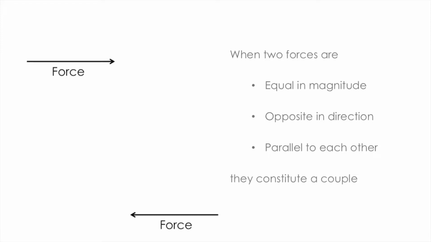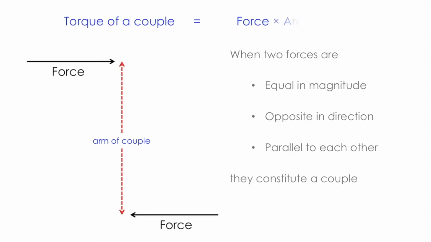Now the distance between the two forces is called the arm of the couple, and the torque of the couple is equal to force into arm of the couple. Here we may consider any of the forces, not both of them.